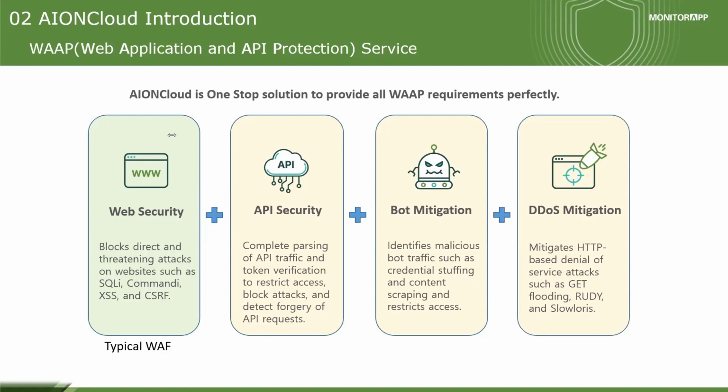If you enable bot mitigation, since most DDoS attacks come from bots, the layer 7 DDoS attack will be blocked automatically as well, along with API security.